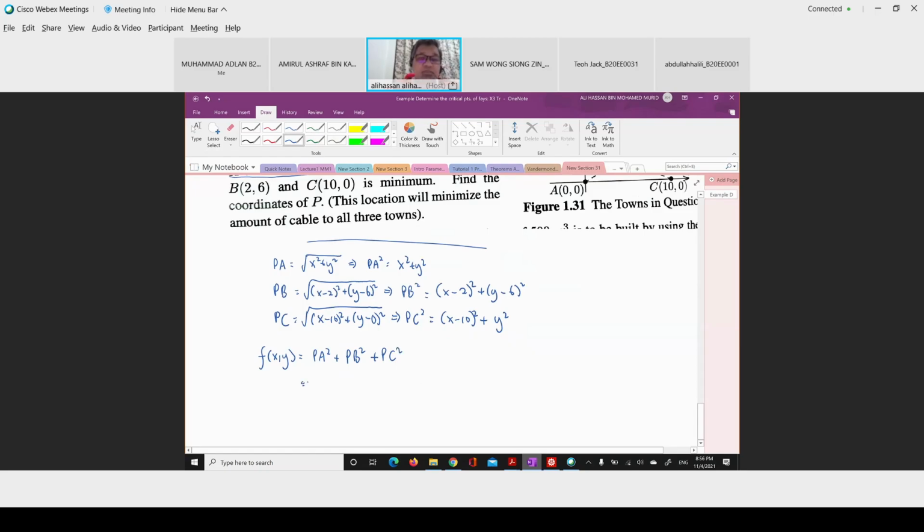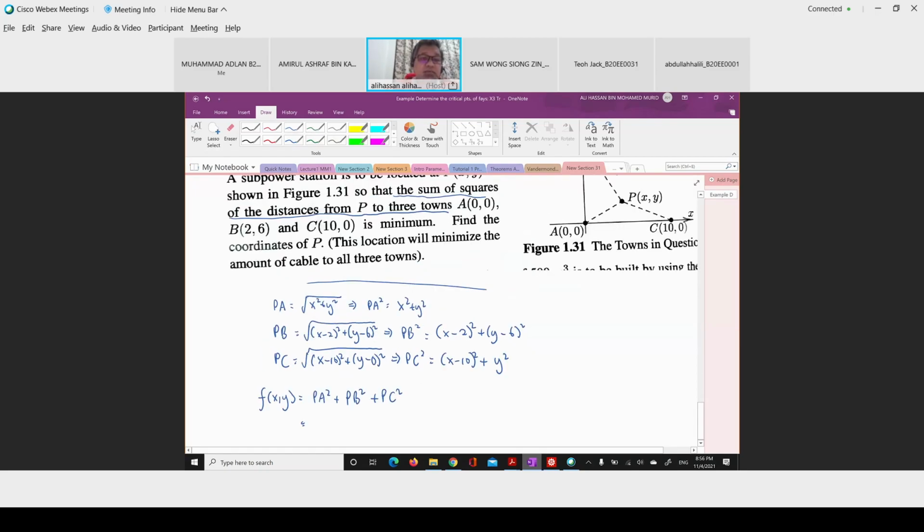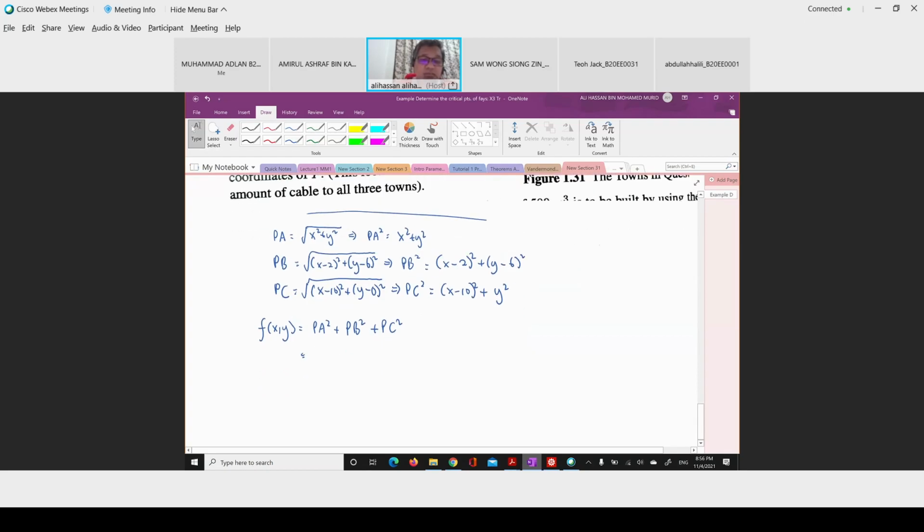These are the sum of the squares of the distances from P to the three towns, right? So PA squared is x squared plus y squared, PB squared is (x minus 2) squared plus (y minus 6) squared, and PC squared is (x minus 10) squared plus y squared.